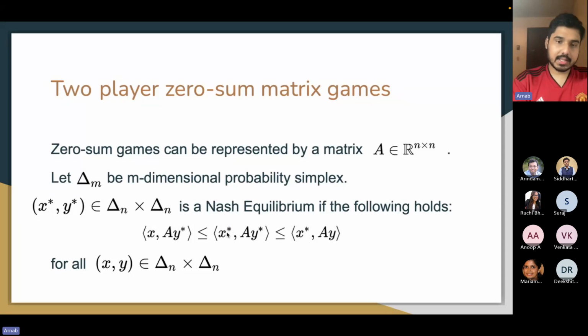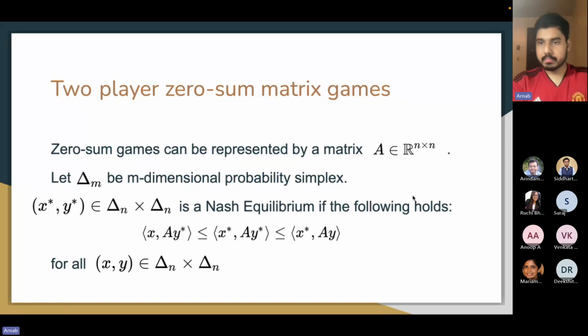If it changes from x star to some other x, its reward can only decrease; it cannot increase. Similarly, for the Y player, this is a loss, essentially, so this value is the loss it is incurring. If it changes from y star to some other y, its loss can only increase; it cannot decrease. Loss is minus of reward. If such an inequality holds for any deviation, then that pair is called a Nash equilibrium.